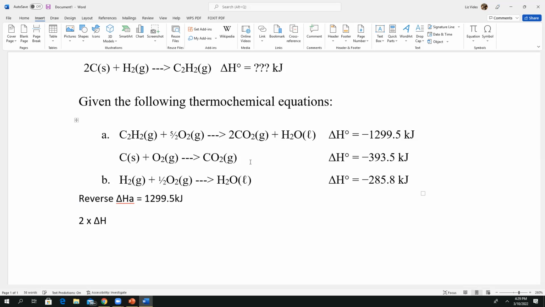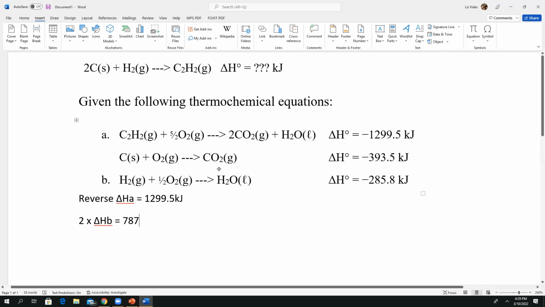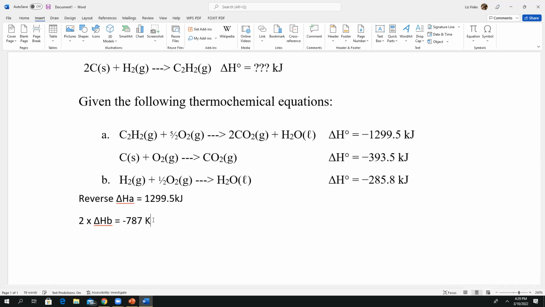Delta HB, right? So now that delta HB is going to be equal to 787, but negative because it was negative. We didn't have to reverse that one, right? And that's kilojoules. There we go.